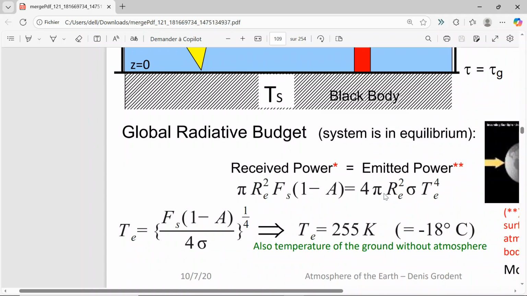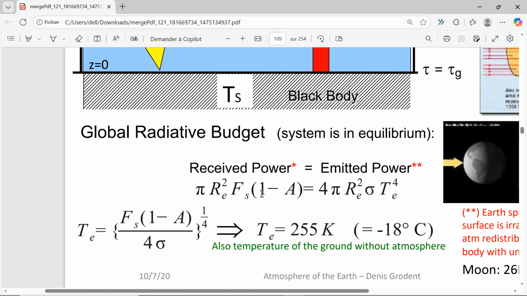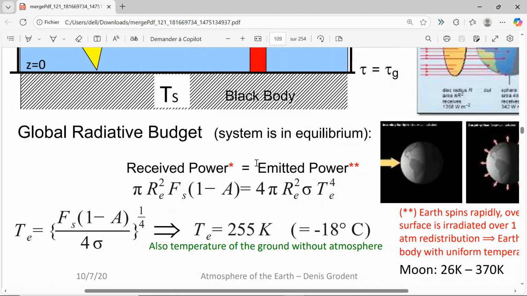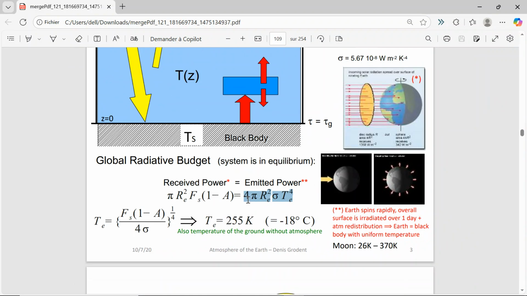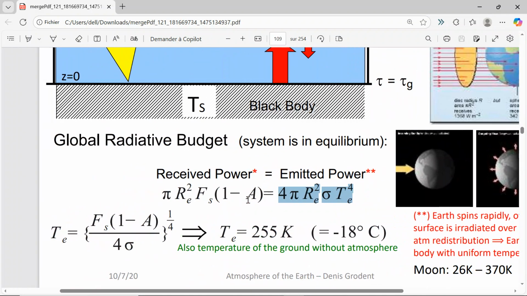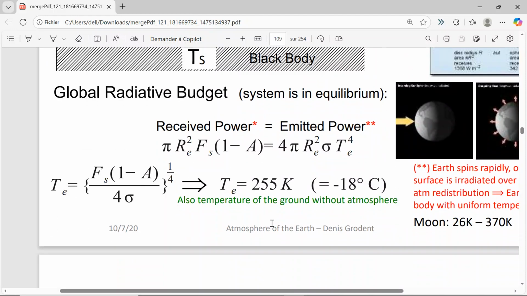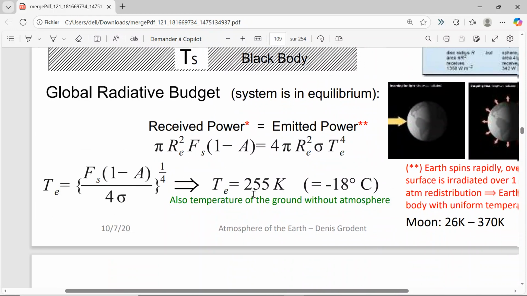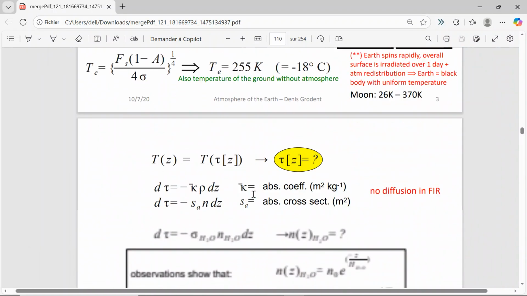The Earth only has pi R squared E as a surface that sees the sun, while the sun emits on a spherical surface 4 pi r squared E. So at the end of the day, it allows us to find the effective temperature of the Earth, which is also the temperature of the ground if we had no atmosphere.